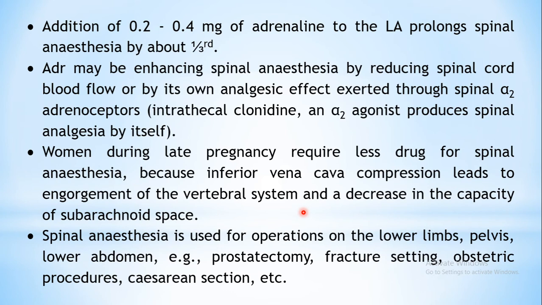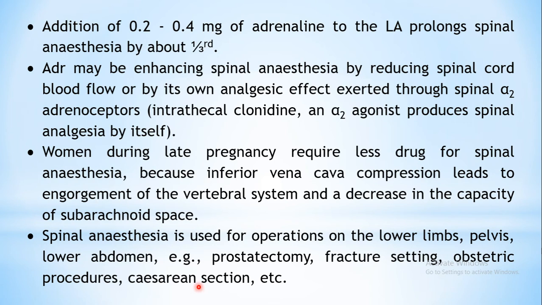So if you are supposed to administer spinal anesthesia to a pregnant lady in the later stages, say for example to carry out procedures like cesarean section, that is the operative procedure for childbirth.